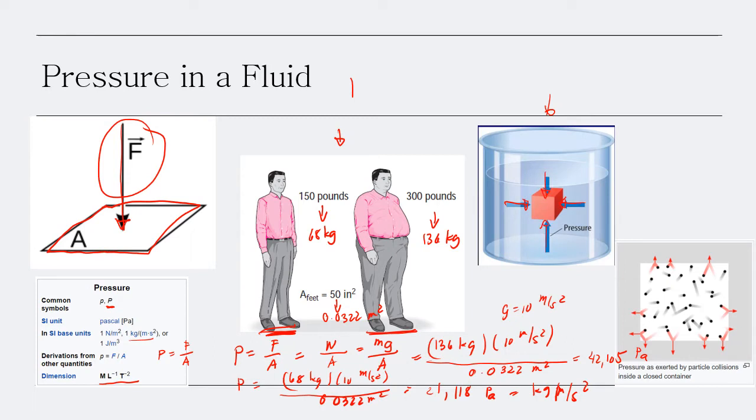In this case as well, this is an air particle, so the pressure is exerted by this particle through collisions. The force here is applied all throughout the closed container.